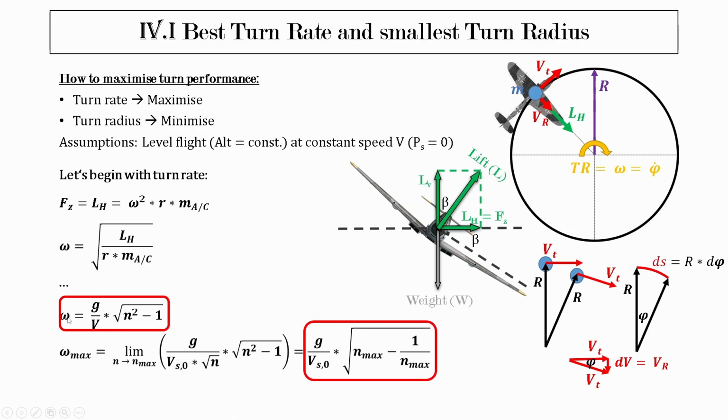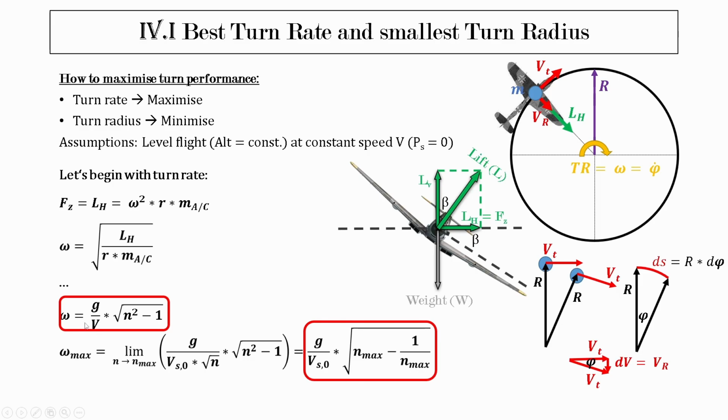Our turn rate equals the gravitational constant divided by our airspeed, times the square root of load factor squared minus 1. This is much better because this is something we can work with. Load factor we can monitor. Some planes have gauges, like the P-51, and airspeed we can also monitor. G is a constant. Awesome.